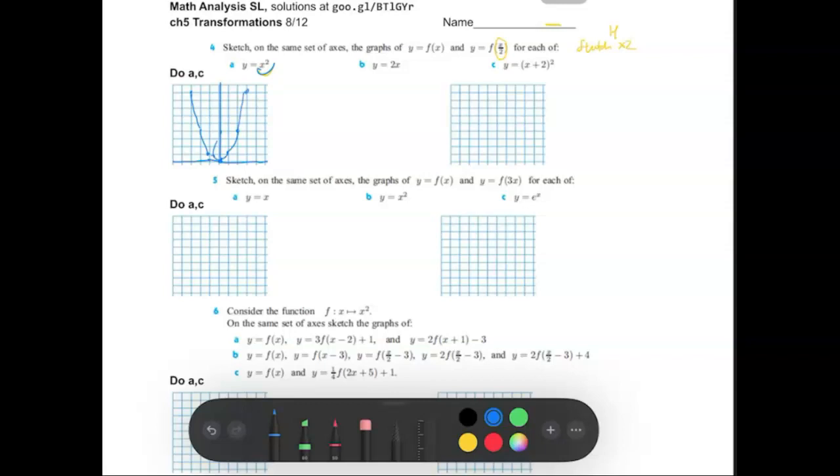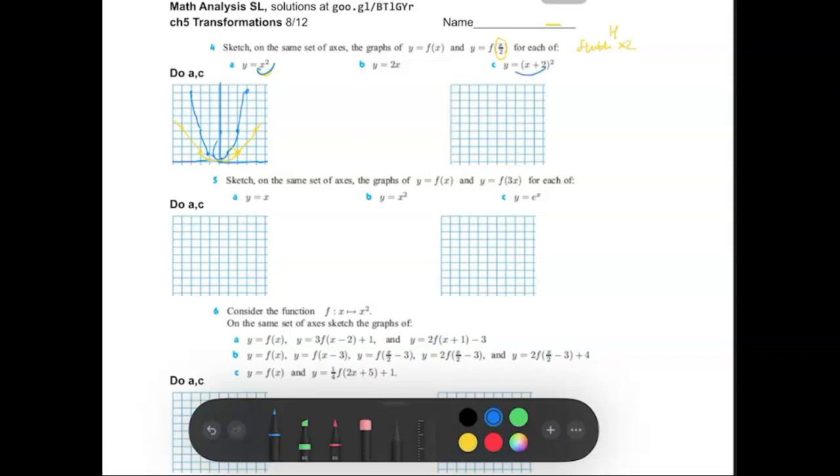And then I'm going to do a horizontal stretch by a factor of 2. So the things that were 1 unit away are now going to be 2 units away. The things that were 2 units away are now going to be 4 units away. Okay? All right. And now let's do this one.